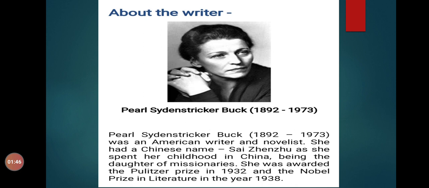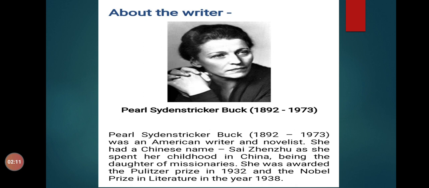In 1930, she published her first novel, East Wind, West Wind. Her next novel, The Good Earth, earned her a Pulitzer Prize in 1932. In 1938, Buck became the first American female Nobel laureate.